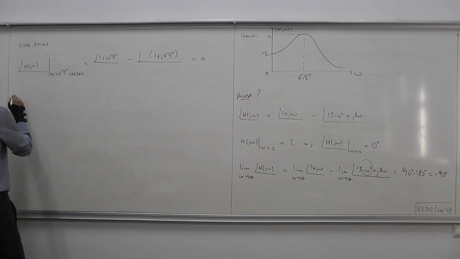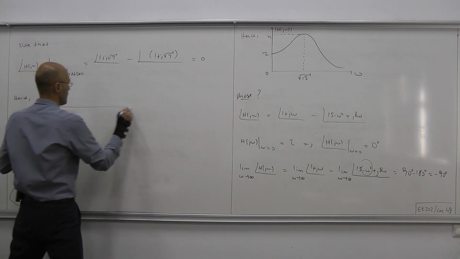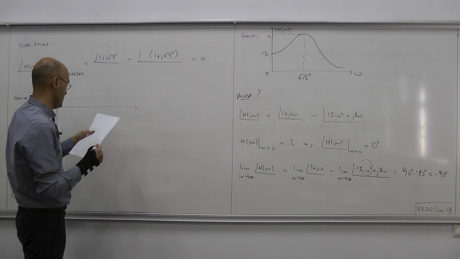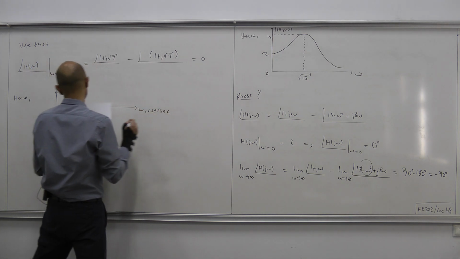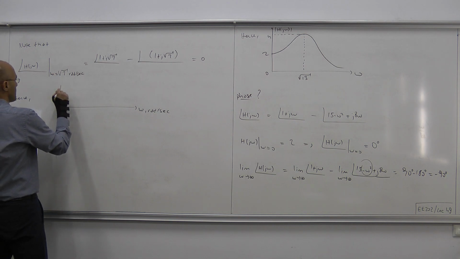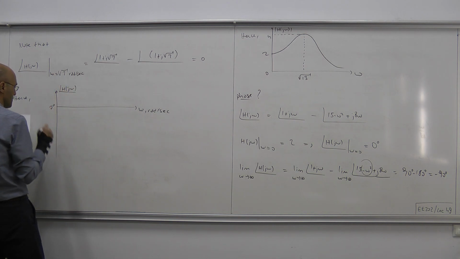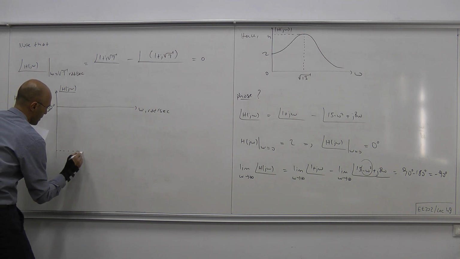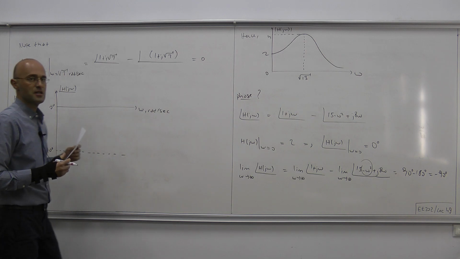Therefore, this is roughly, but not too roughly, the phase plot. The phase of H(jω): this is the 0 degrees, and this is where we're heading, minus 90 degrees.